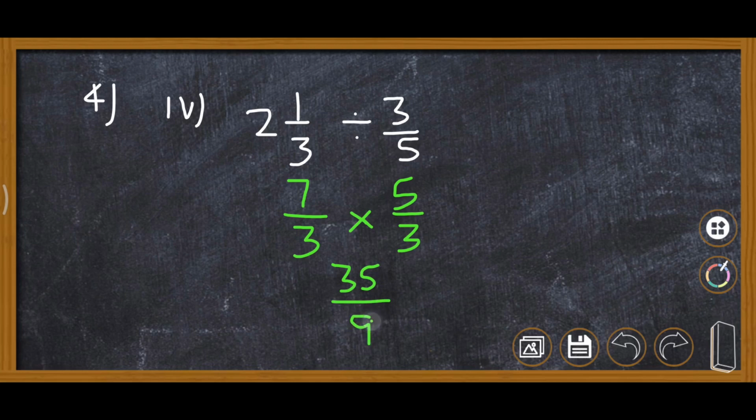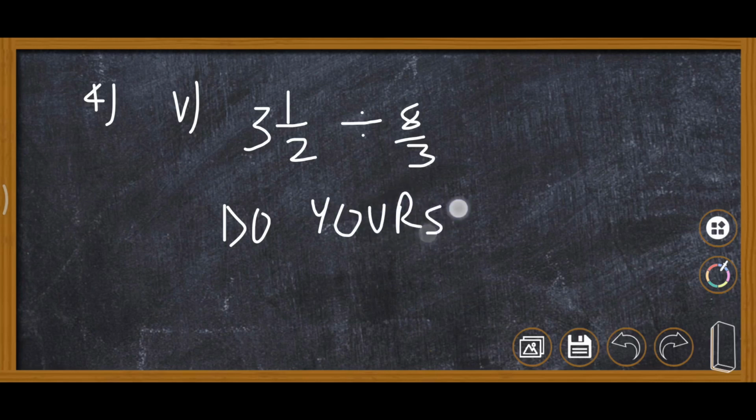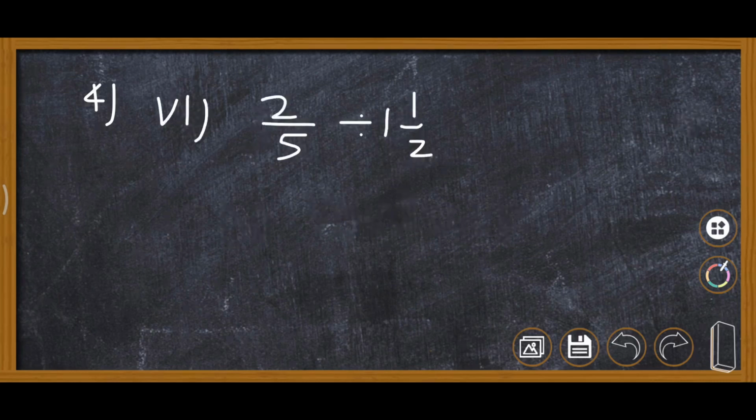You can convert into mixed fraction also or leave it as it is. This is fifth part, do yourself as in question number 4 we have done. Now here 2 upon 5 and 1 whole 1 upon 2 we can write 3 upon 2, because 2 ones are 2 plus 1, 3 upon 2.